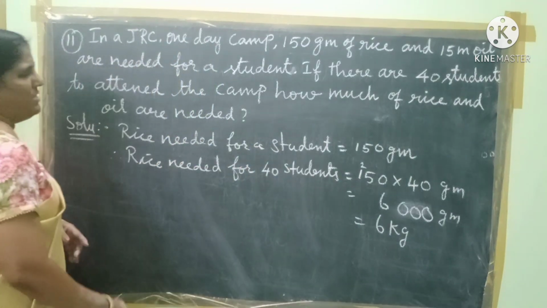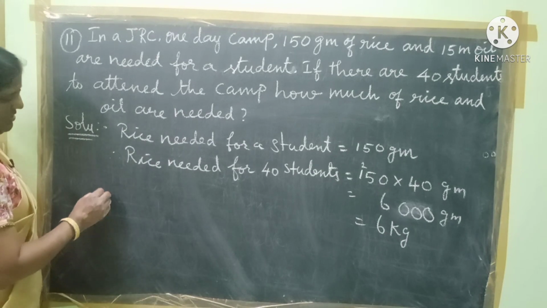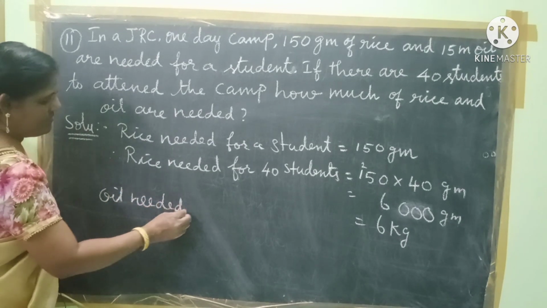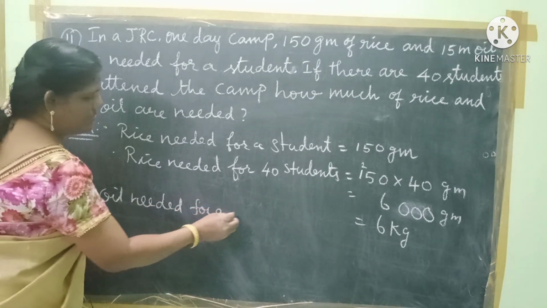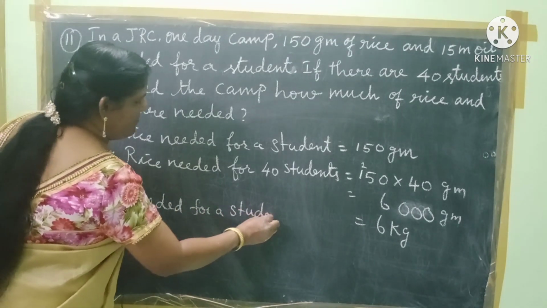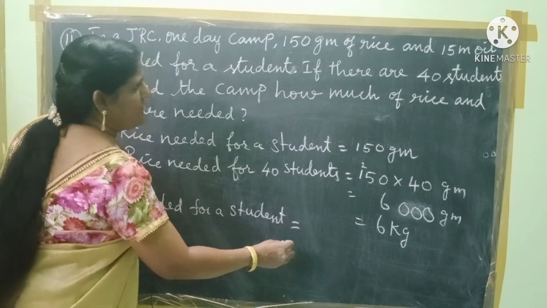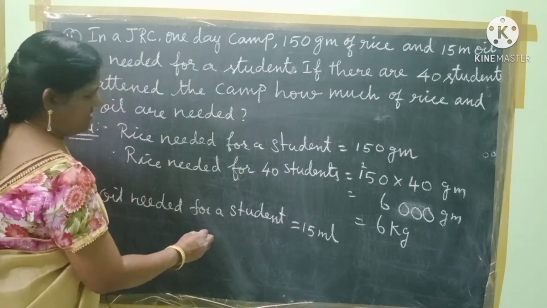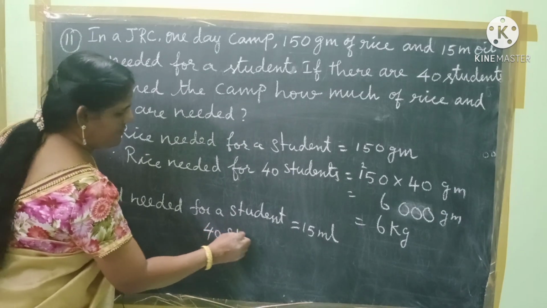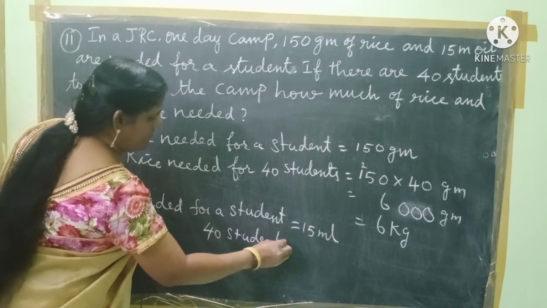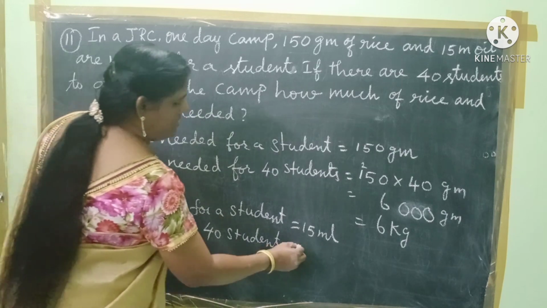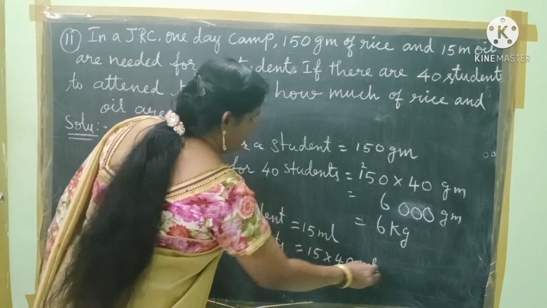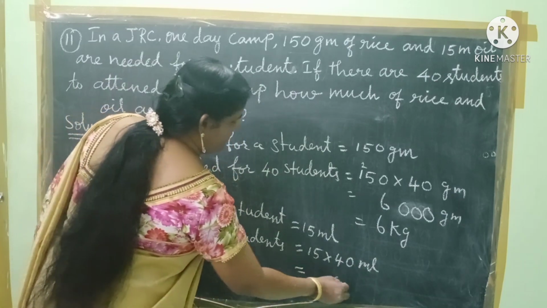At the same time, oil needed for a student equals 15 ml. For 40 students, so 40 students equal 15 into 40 ml. 15 into 40, what does it come to?